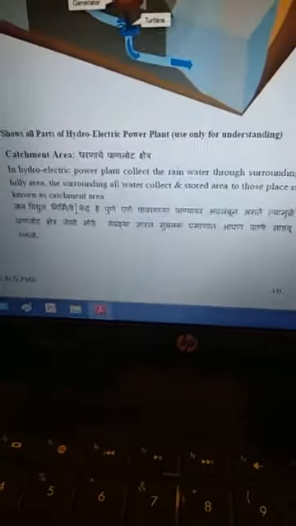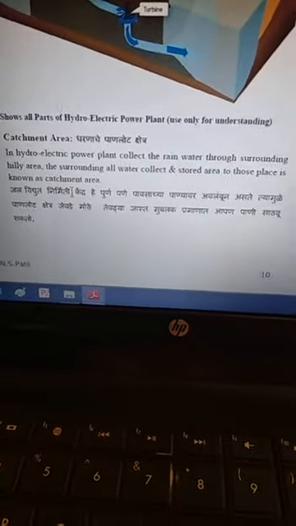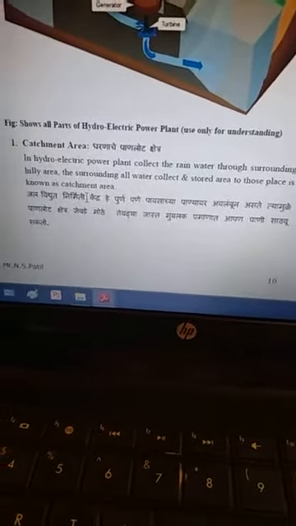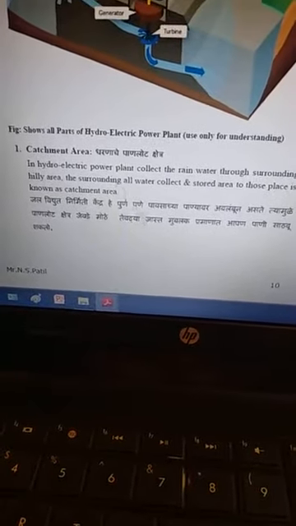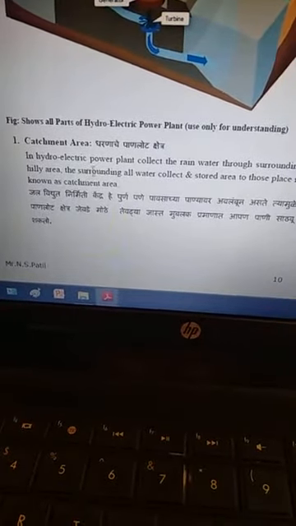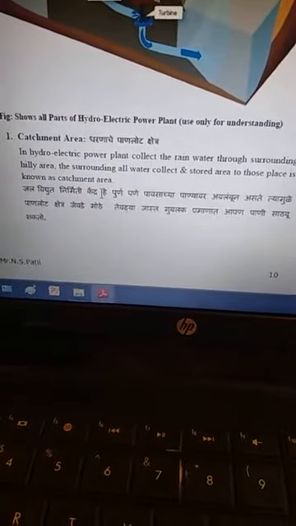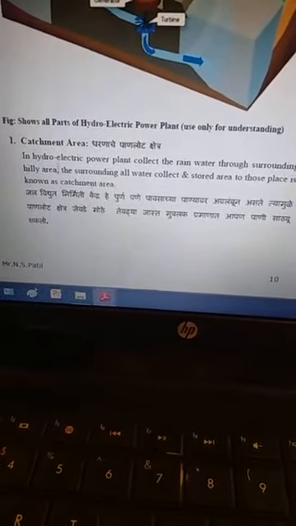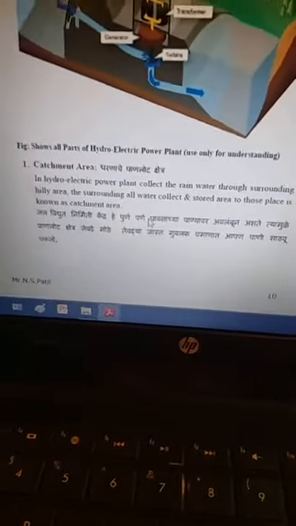So I mean to say the catchment area is all the area available for the storage of water. In short, remember this definition: the catchment area is the area in the hydroelectric power plant which stores all the water from input to exit of the power plant.